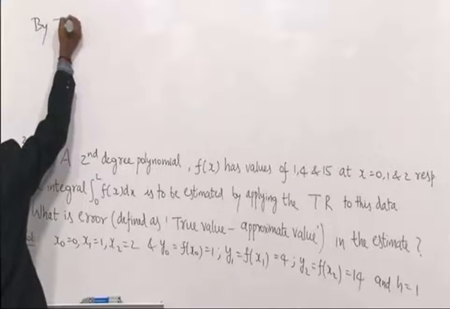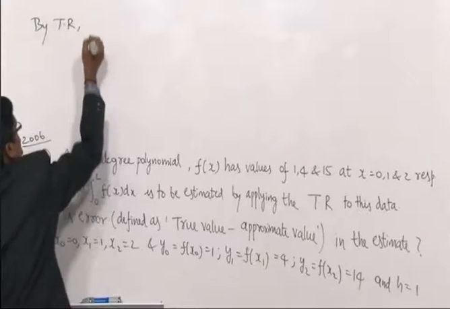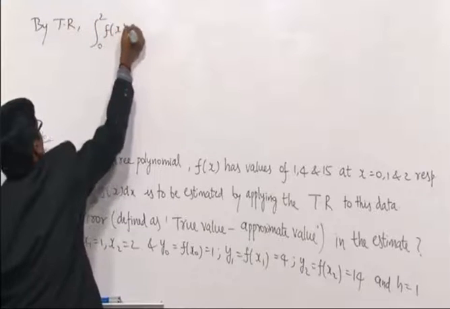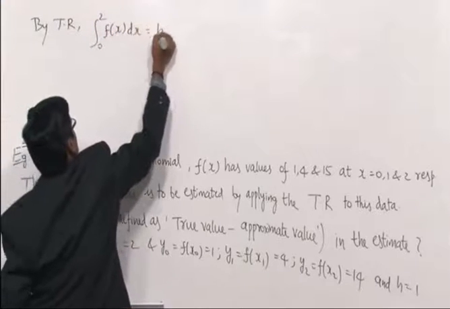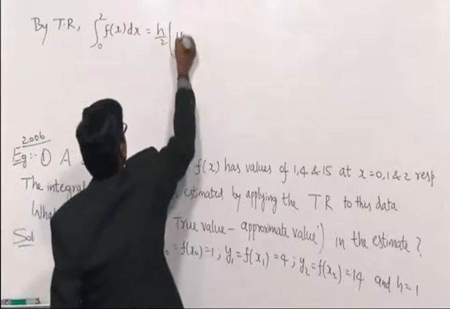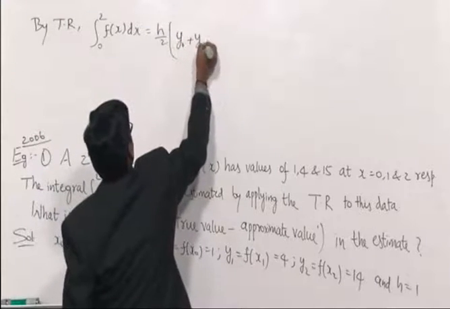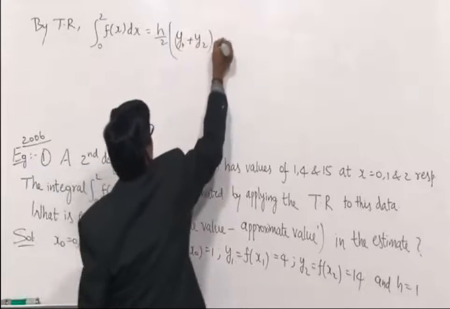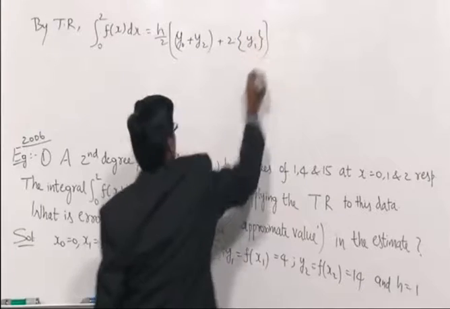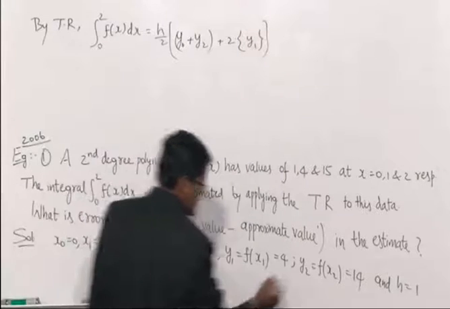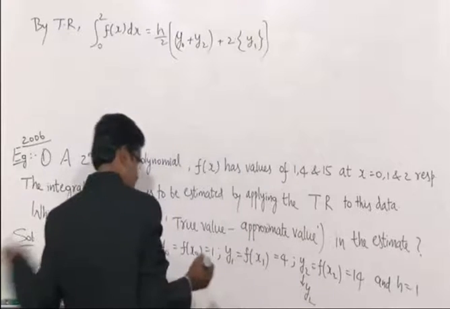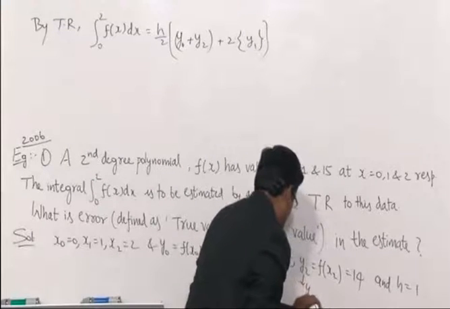By TR, what is TR? Trapezoidal rule. Integral 0 to 2 f of x dx. Formula is h by 2. Only 3 function values. Y0 is the starting value, the ending value is y2, that is the last value of y, plus 2 times the remaining, y1. Here also I can write according to our notation the last value y2, which is our notation yn.